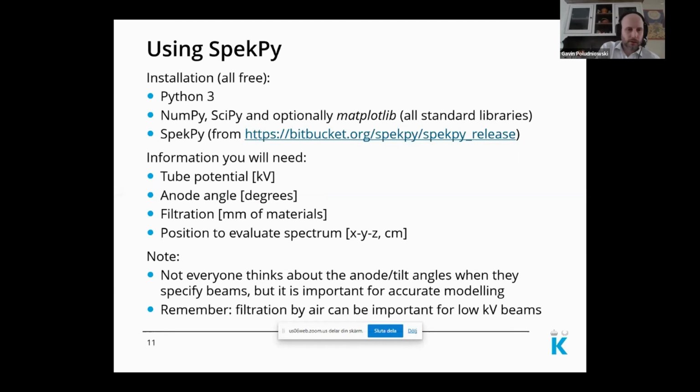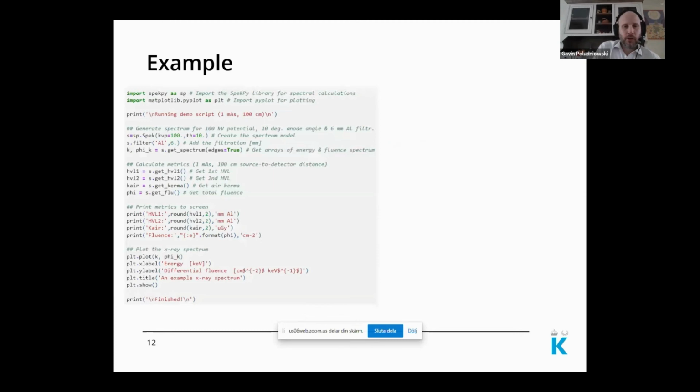And another note, although perhaps this is the wrong audience to lecture on this, is that it's important to note that the filtration by air can be important for low kV beams. So we need to include this, and we might be surprised how often that is forgotten by users. So here is an example script.